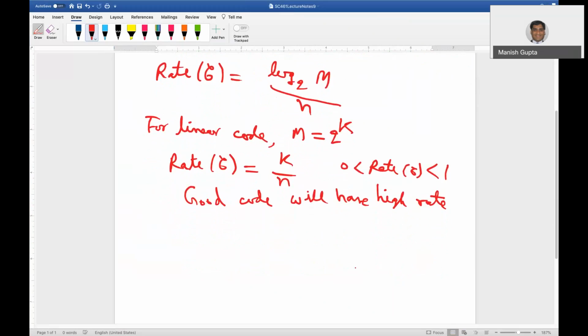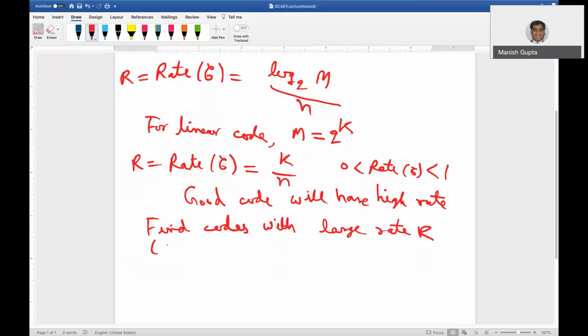Now the main coding theory problem says: find codes with large rate R, so if rate is high, this is for efficiency, and large d. d is the minimum Hamming distance.